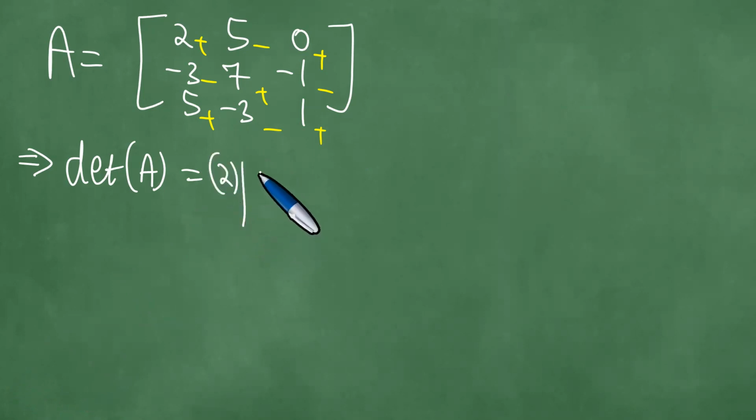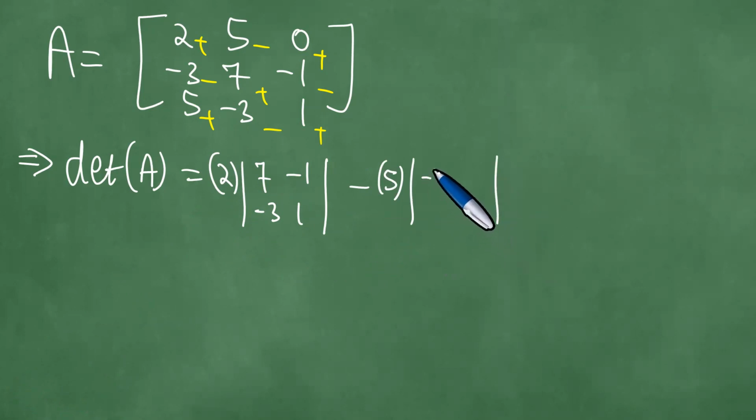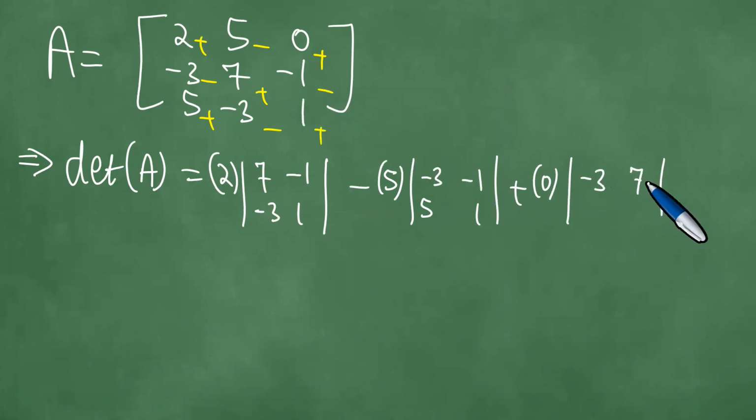2 times 7, minus 1, minus 3, 1. Minus 5 times minus 3, 5, minus 1, 1. Then the plus 0 term: minus 3, 7, 5, minus 3.